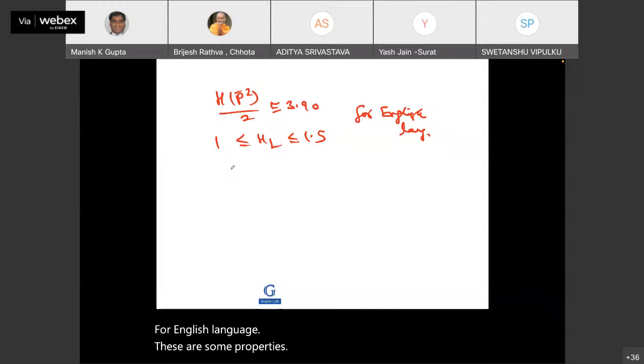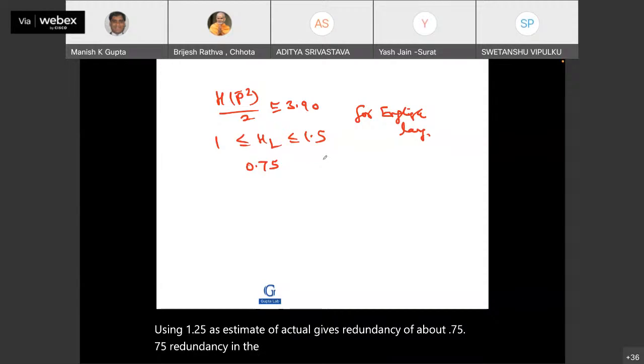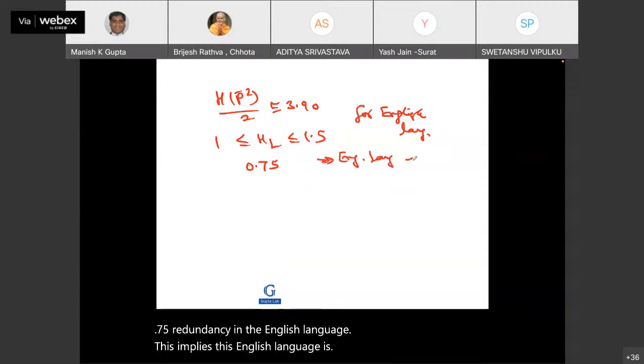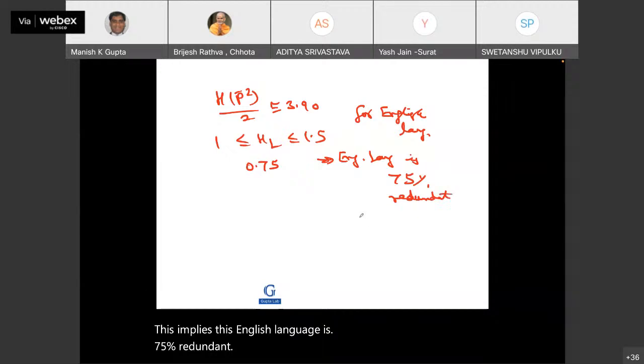So that means using 1.25 as the estimate of HL gives a redundancy of about 0.75 in the English language. This implies that the English language is 75% redundant. This is an observation anyway. Anyway, so that's the basic thing.